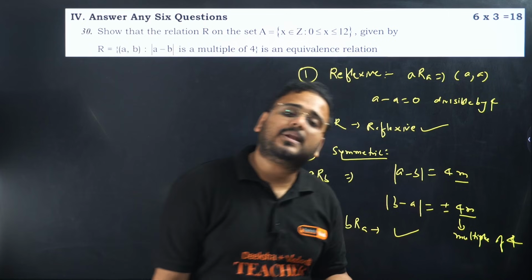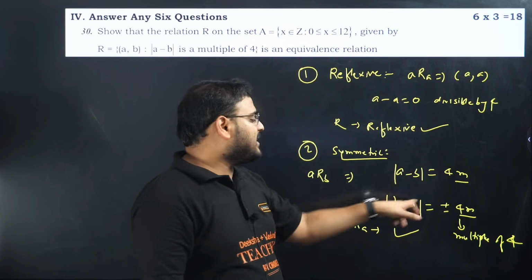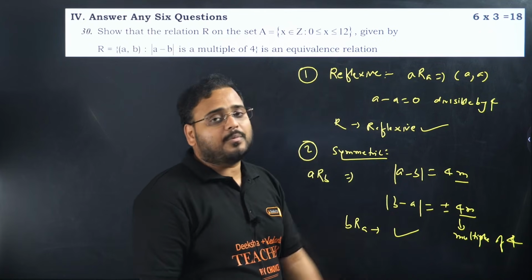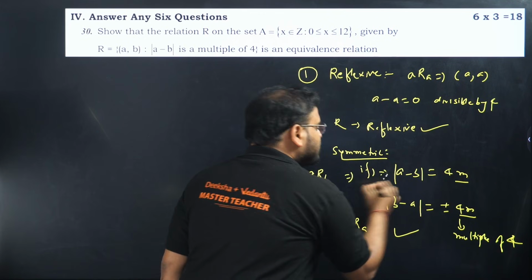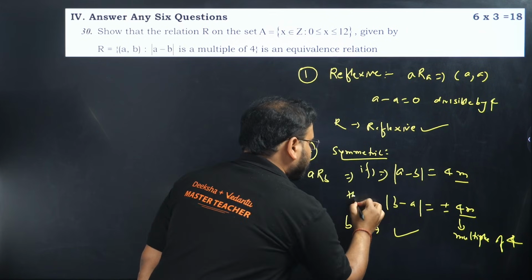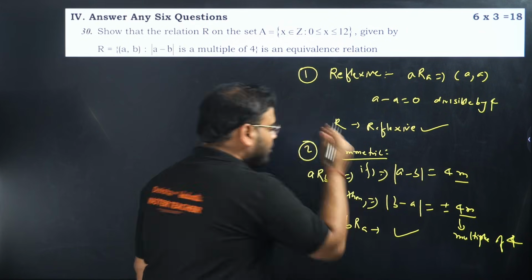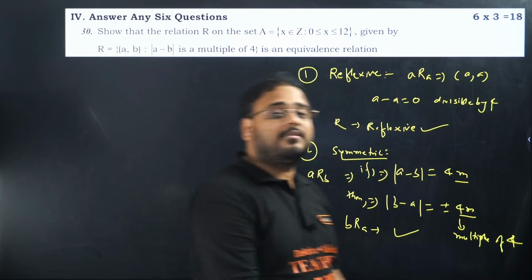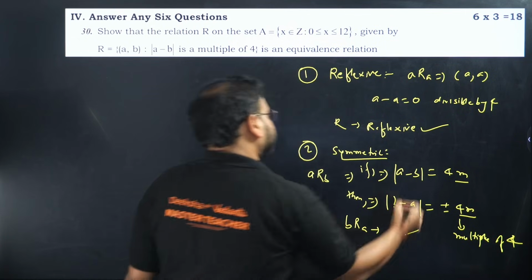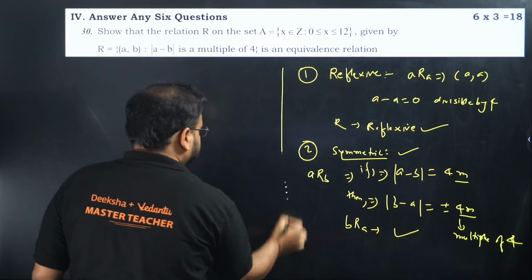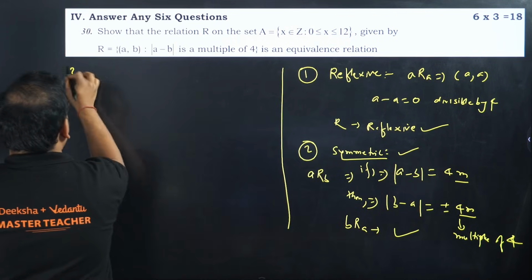Even minus 8 is a multiple of 4. So whether you take A minus B or B minus A, if this is true, then this will also be true. So B minus A will also be a multiple of 4. Hence, the given relation is symmetric also. The last one is transitive.